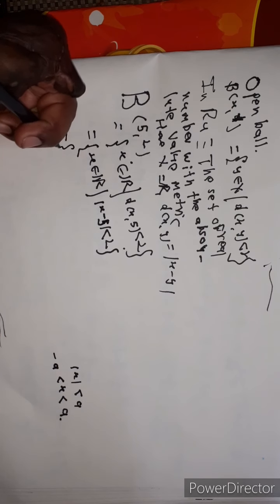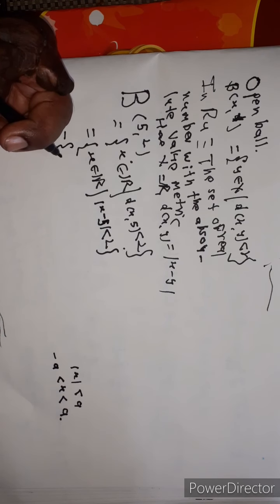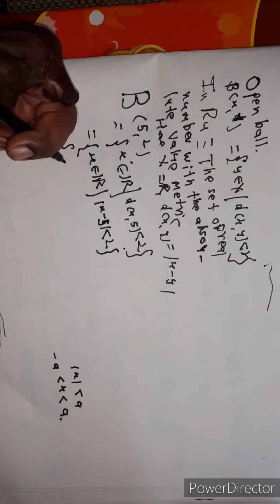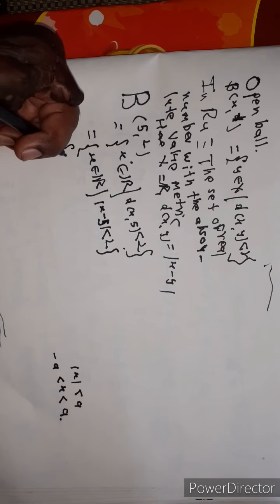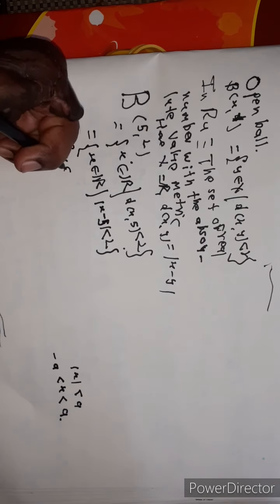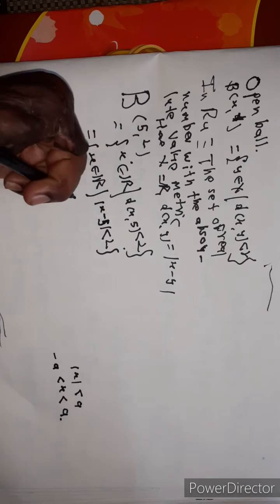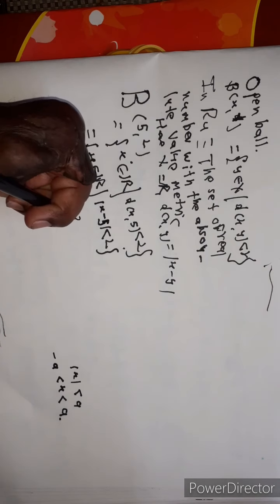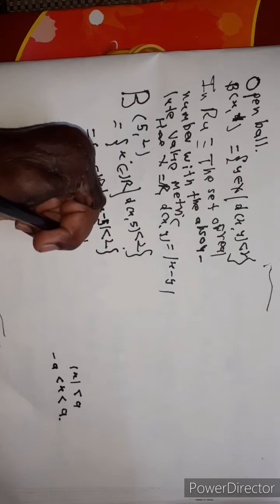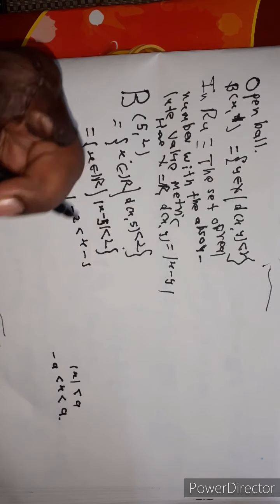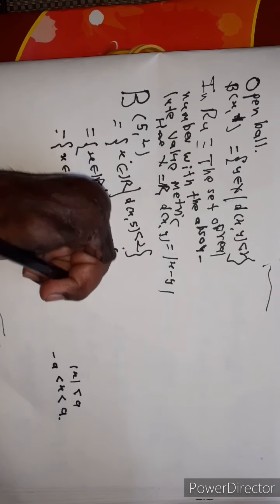Therefore the set of x belong to R such that mod of x minus 5 is less than 2 is the set of x belong to R such that minus 2 is less than x minus 5 and x minus 5 is less than 2.